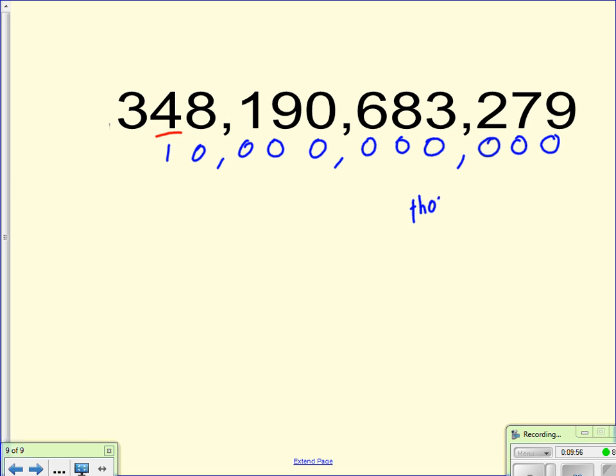First comma is 1,000. Second one is 1,000,000. Third one is then a billion. So that's 10 billion. 4 is in the 10 billion place value.